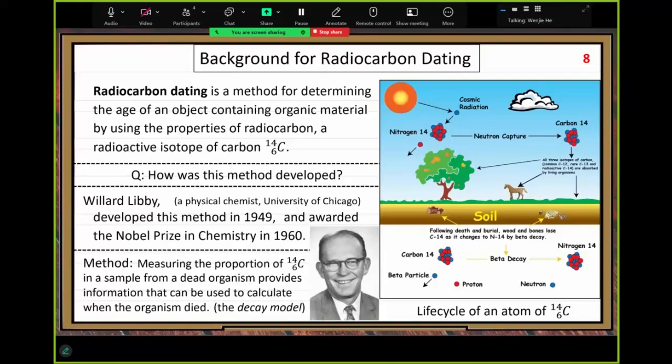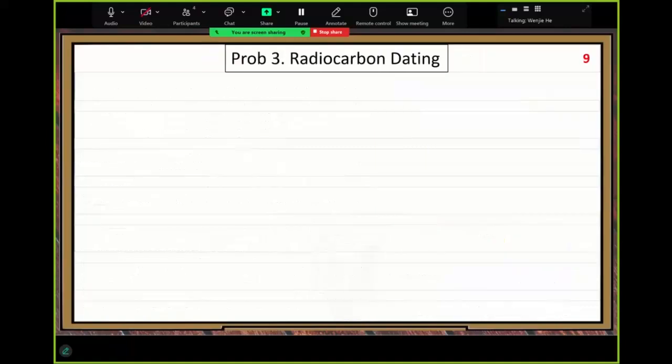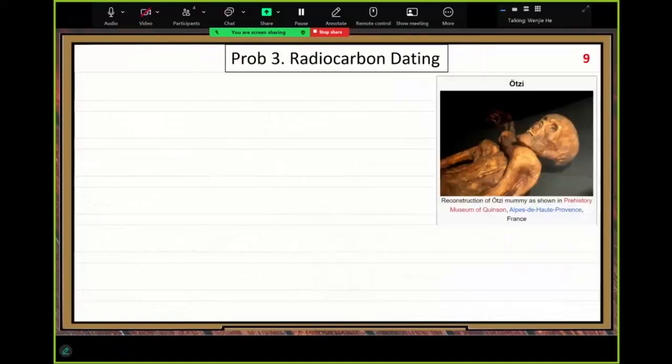The same rule, the same physical law, we can use. Half-life, same physical law. So that's the mummy whose age we want to determine.